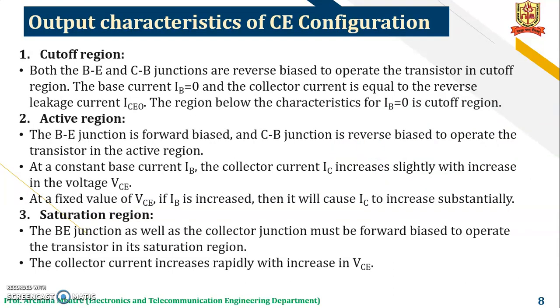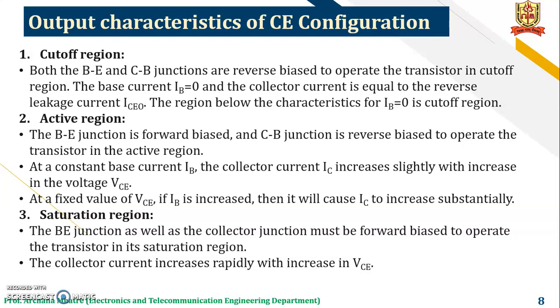Now the cutoff region: both the base emitter and collector base junctions are reverse biased to operate the transistor in the cutoff region. The base current IB is equal to 0 and the collector current is equal to the reverse leakage current ICEO. The region below the characteristic for IB equal to 0 is the cutoff region.